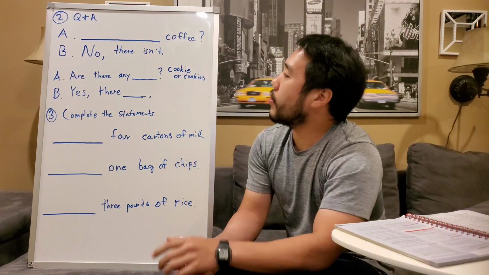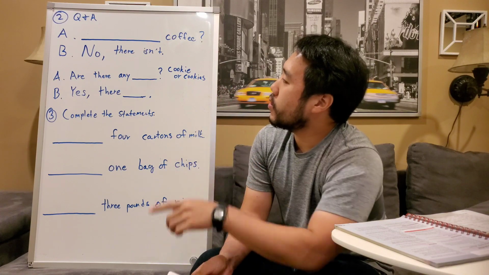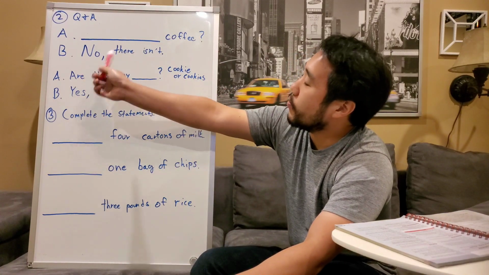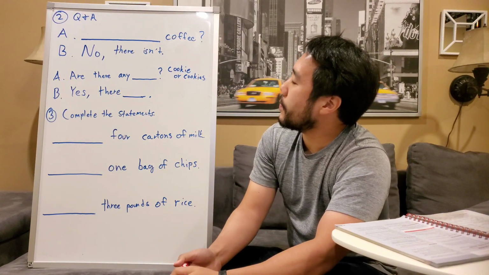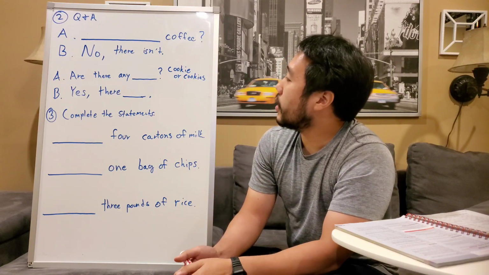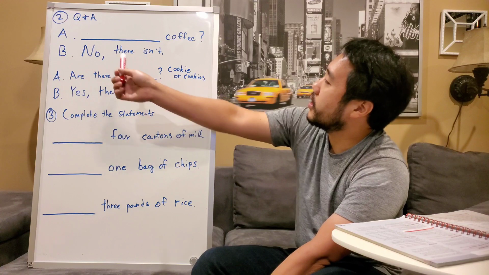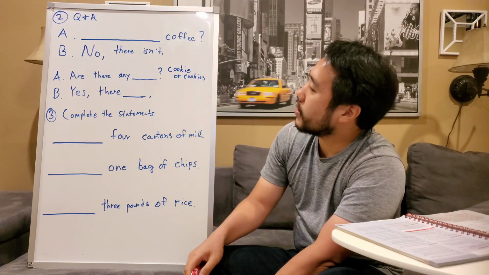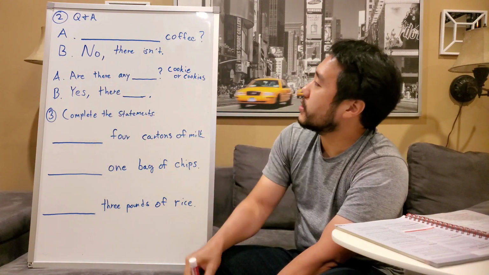This time with questions and answers. We just need to complete the questions and answers here, using there is and there are. So the question is blank, coffee, and the answer is no, there isn't.